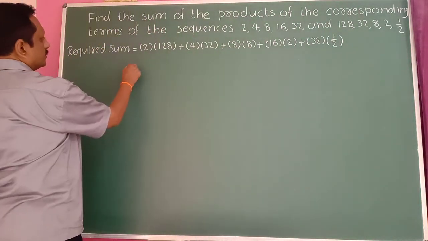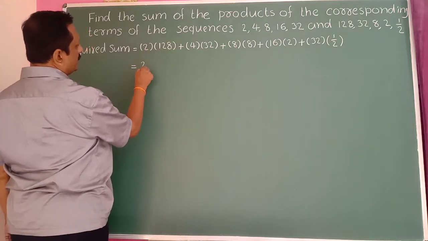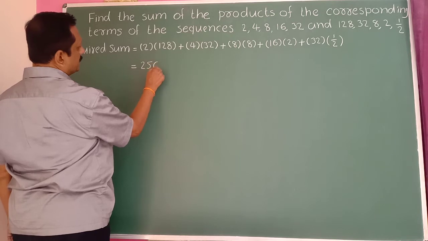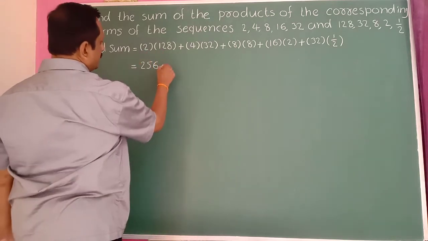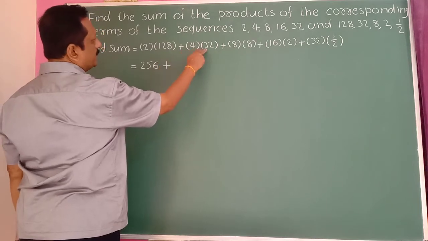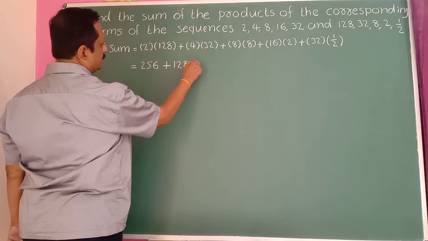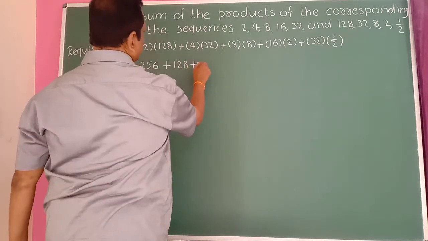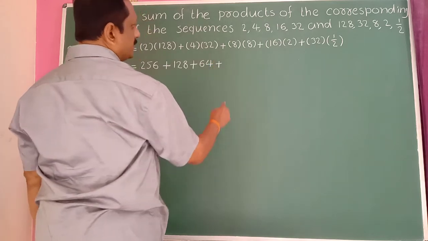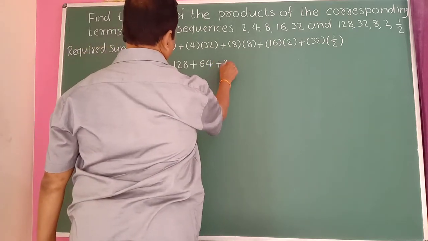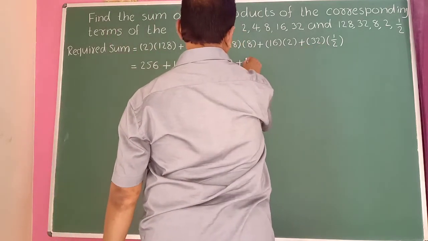Therefore this is equal to 2 into 128, 256, then plus 4 into 32, 128, then plus 8 into 8, 64, then plus 16 into 2, 32, then plus 32 upon 2 becomes 16.